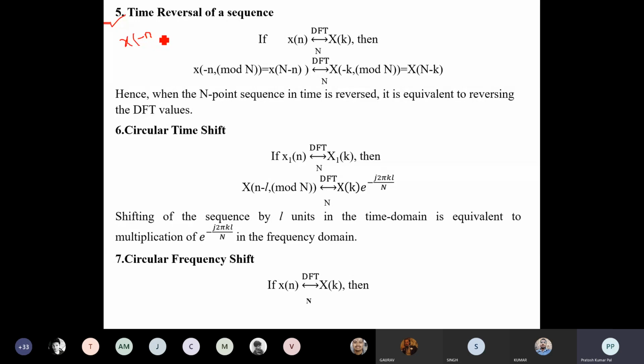So हम इसको भी सेम वैसे ही रिप्रेजेंट करेंगे, x of minus n mod N. So this is like a circular time reversal. So time reversal cannot be a direct one.